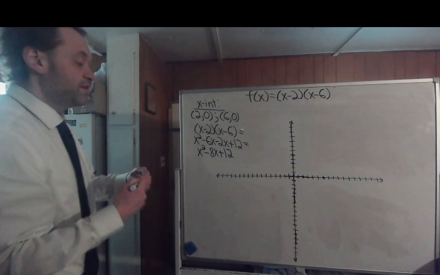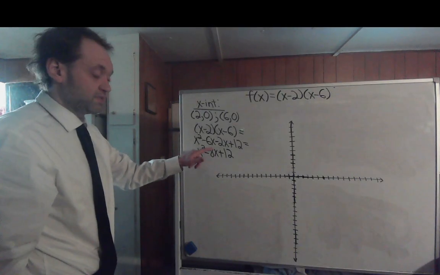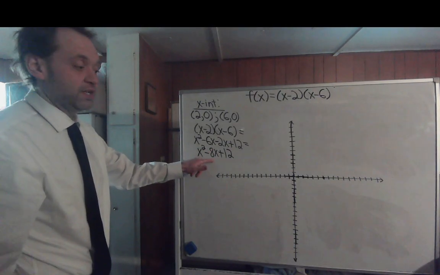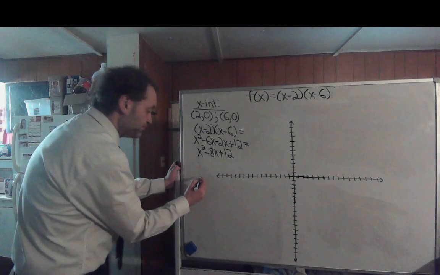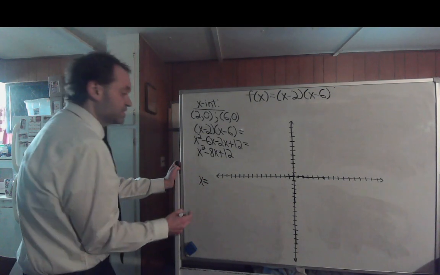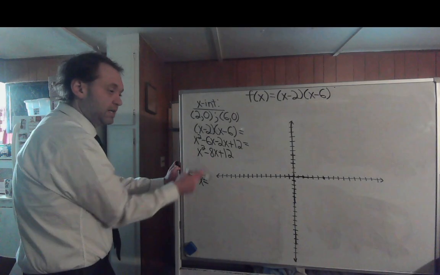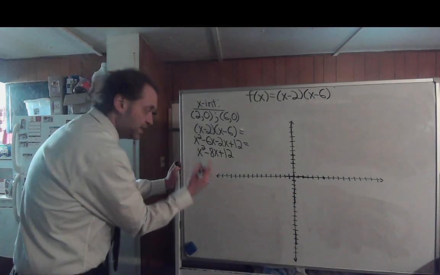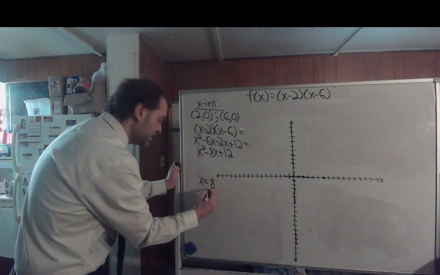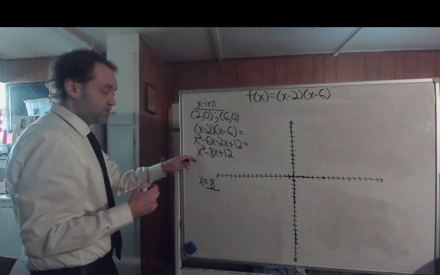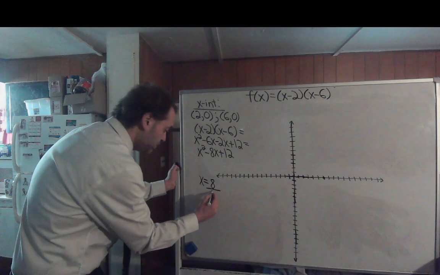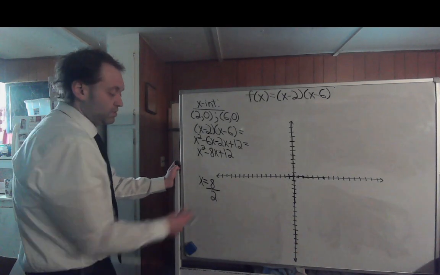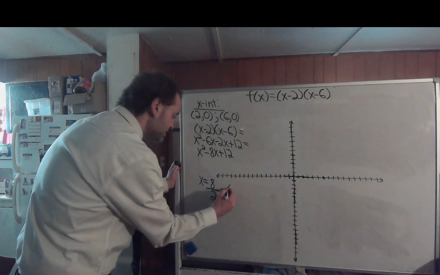So there, in fact, is the standard general form of the equation. Now, to find your vertex, you'll take the negative of your b. Well, your b is negative 8, so negative 8 is positive 8 over 2 times your a coefficient, which is 1. So it'd be 8 over 2. You would have x equals 4.